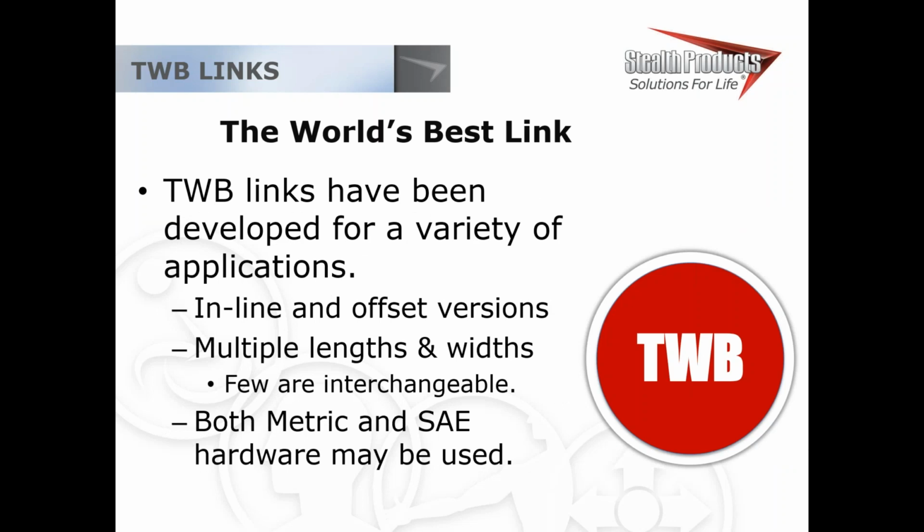The TWB links have been developed for a variety of applications over the years now. So you had inline links, you had offset links of those versions of inline links. There were multiple lengths of TWB link, and very few of those were interchangeable. You also had, in some cases, metric and SAE hardware in those links.